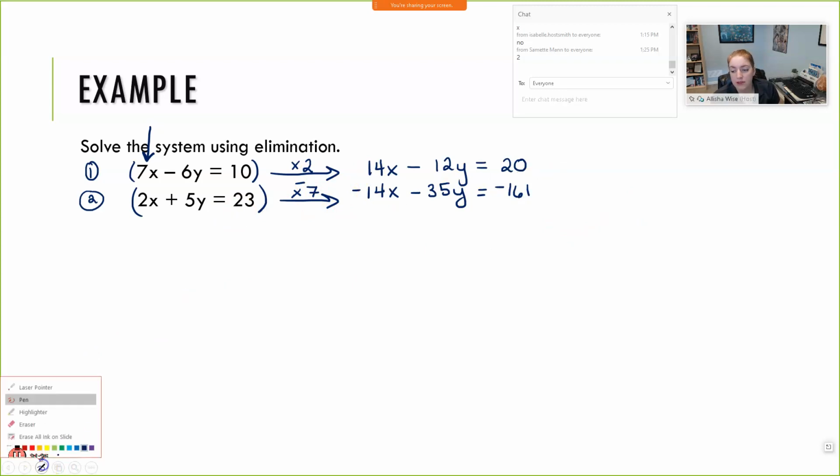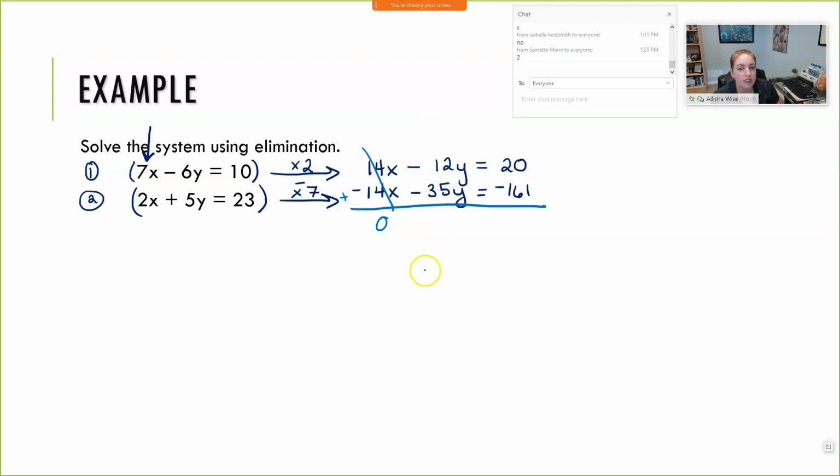Okay, once we multiply this, we need to go ahead and add it together. So what happens with the positive 14 and negative 14? It zeroes out, right? It's gone. So we're just going to add the rest together. So negative 12y minus 35y is going to be negative 47y.